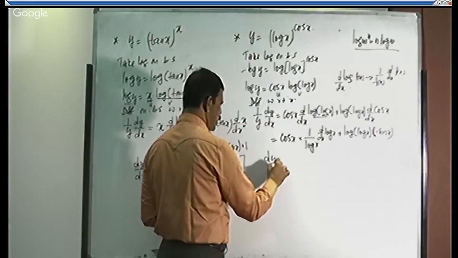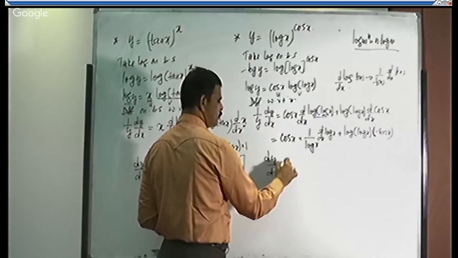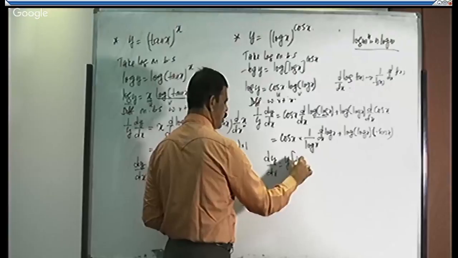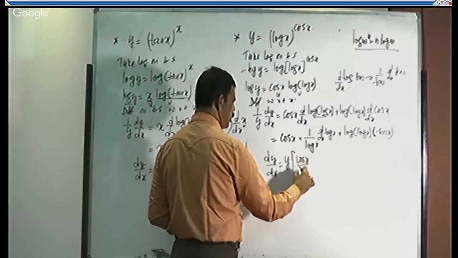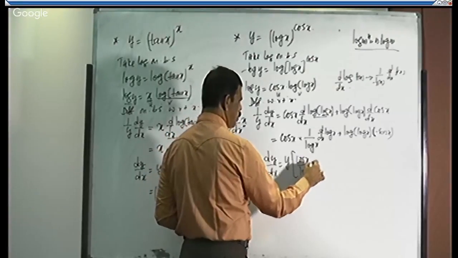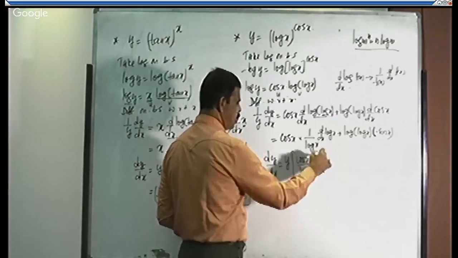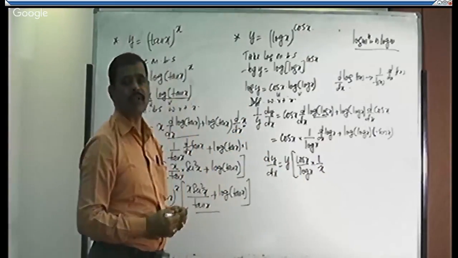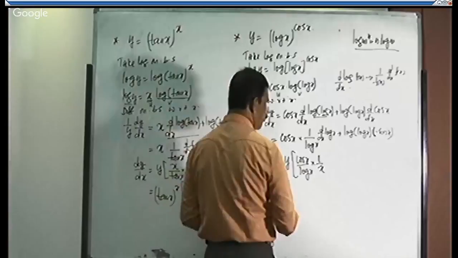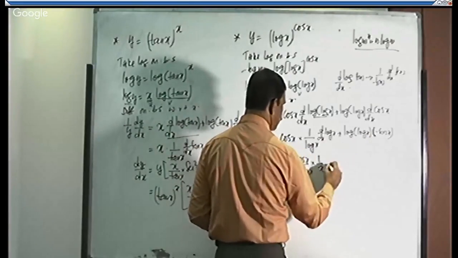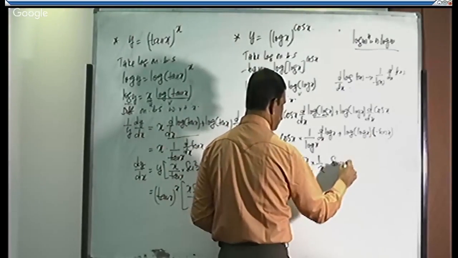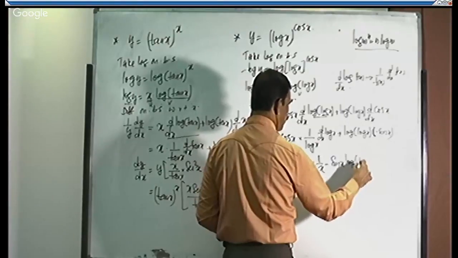Or dy by dx is equal to y into cos x divided by log x into differentiation of log x, which is 1 by x, plus minus sin x into log of log x.